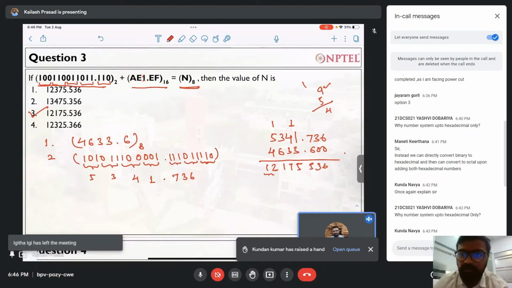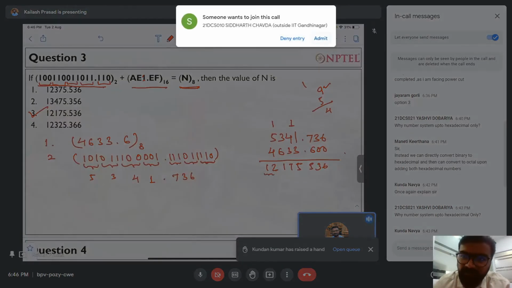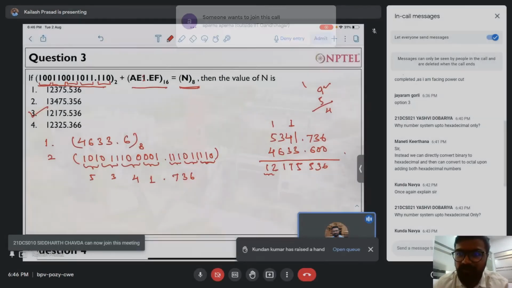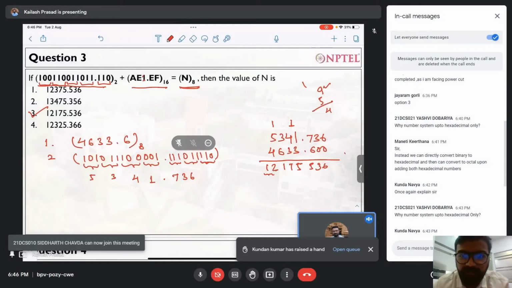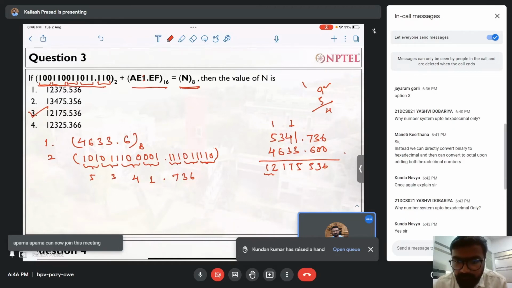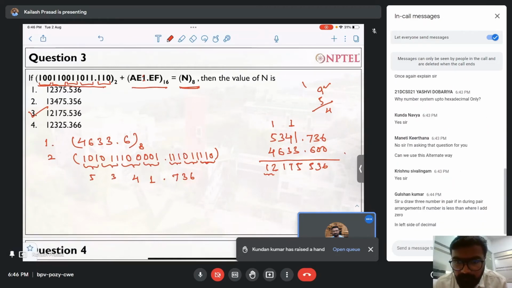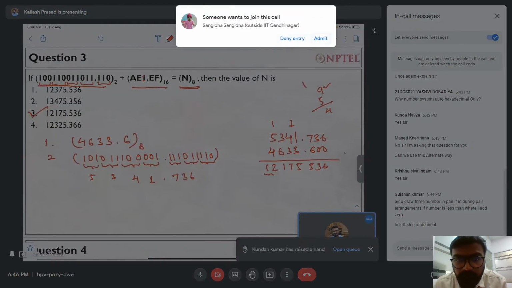But for now all the systems are happy with the hexadecimal number system. It is not like that; if required, we have to go beyond that. Did I answer your question, Yashvi? Yes, sir.